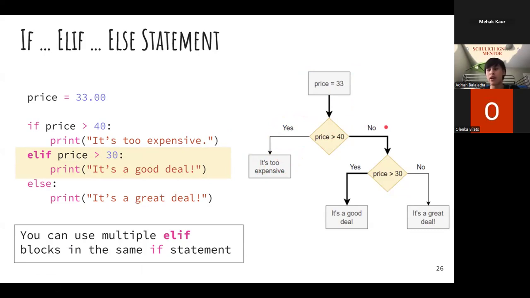But if not, we proceed to another question, and that question is the elif statement. So in the elif, we ask again, is the price greater than 30? It is, it's $33. In this case, yes, we say it's a good deal.